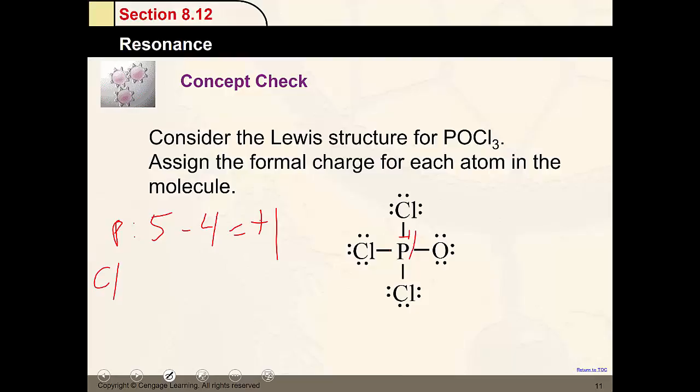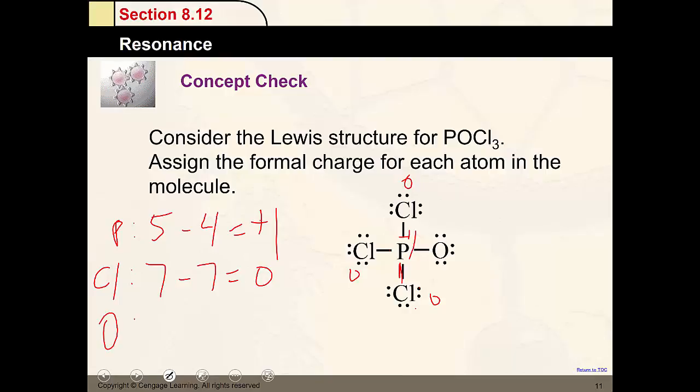Alright, then we look at each of the chlorines. So we know each chlorine on its own has 7 valence electrons. Now we count, they each have the same structure, 3 lone pairs, so 1, 2, 3, 4, 5, 6 electrons with 1 in a shared bond, so that means 7 electrons, so each chlorine has a formal charge of 0.